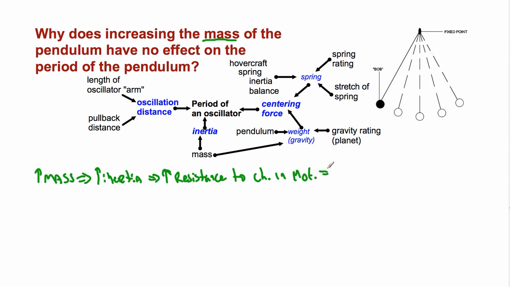If there's an increase in the resistance to changes in motion, that means it will be harder to oscillate. And if it's harder to oscillate, that means it's going to take more time to oscillate, which means it'll have a longer period.